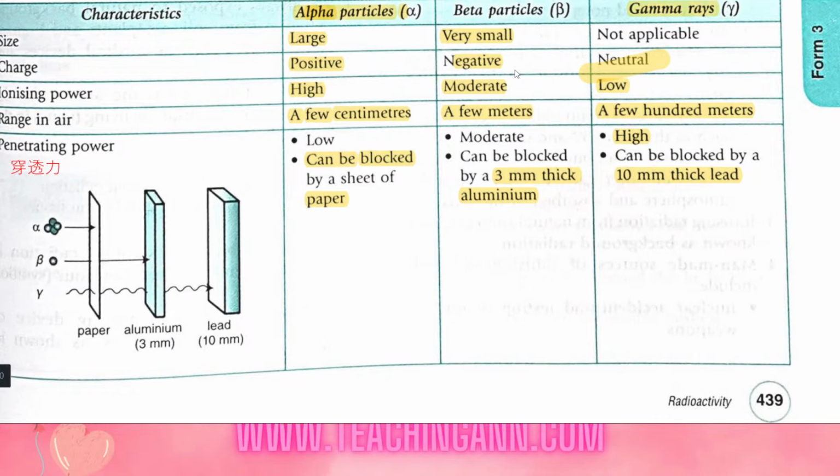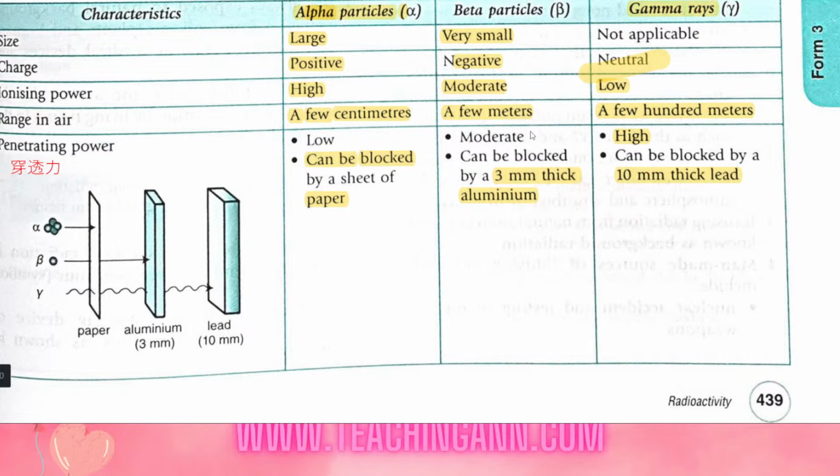Alpha is done, then beta. Beta is small. Its charge is negative. Ionizing power is moderate. And the range in the air is a few meters. So from me to Sengjie, maybe. If I emit beta particles, wow, Sengjie got affected already.